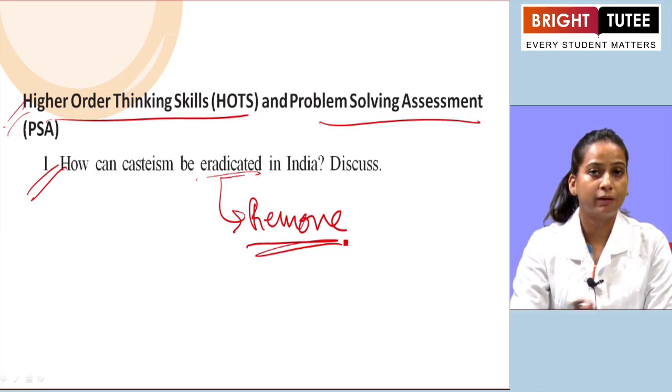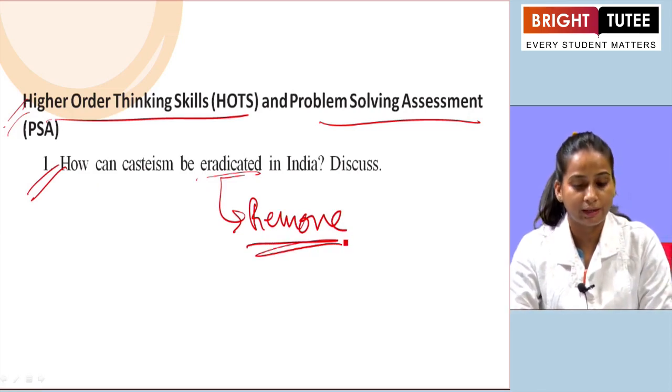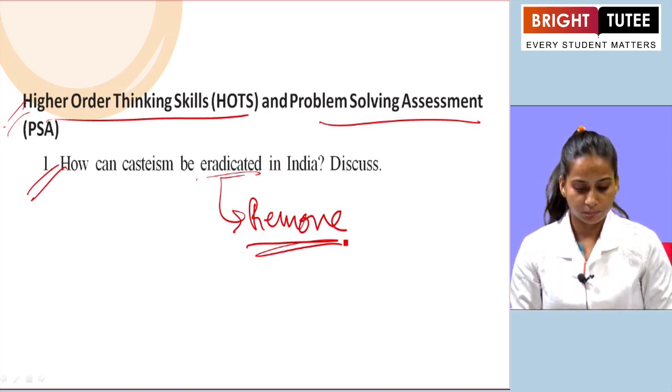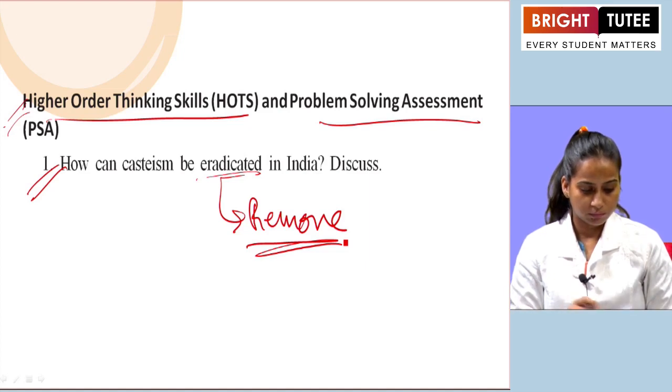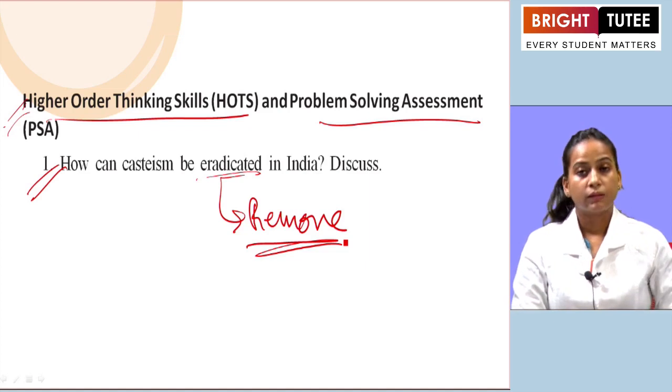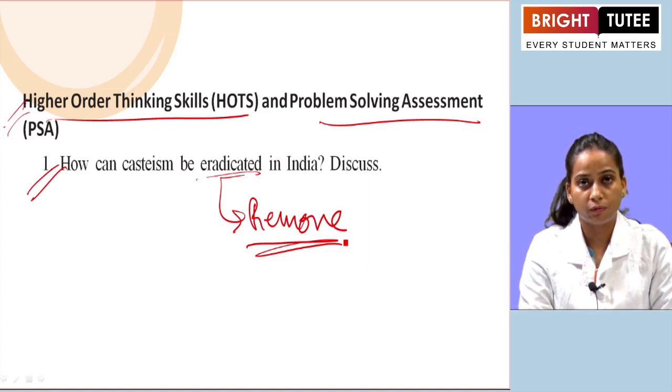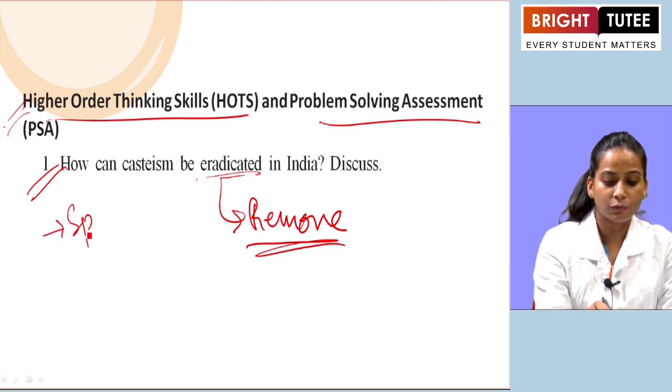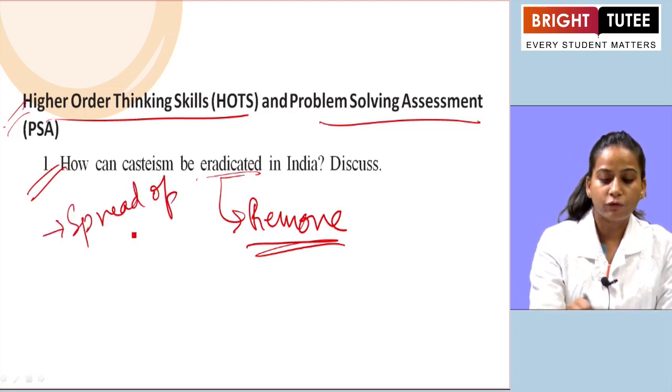So here we have to mention the different suggestions and ideas which can help in the removal of this casteism. Different factors can be responsible for that, which can help in bringing that change. So first one, we can say the spread of education can play an important role in that.